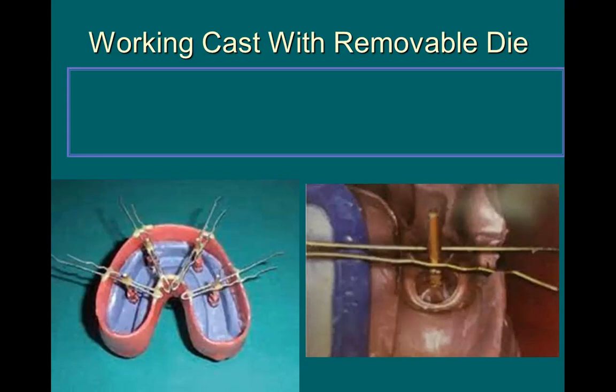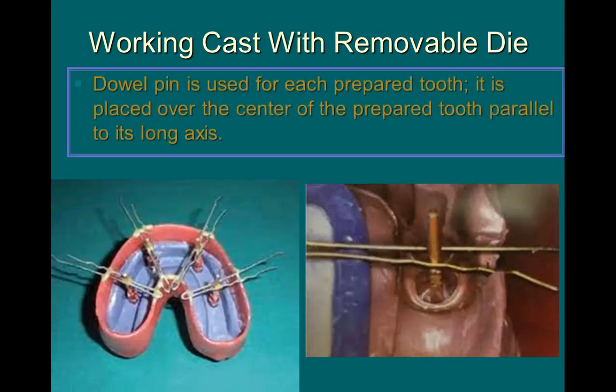If it has no extension, we can bring a hair clip or any metallic rod or wooden rod, and we stick the dowel pin with this rod, and then we position the head of the dowel pin in the center of the prepared tooth, so that the long axis of the dowel pin will be parallel to the long axis of the prepared tooth.